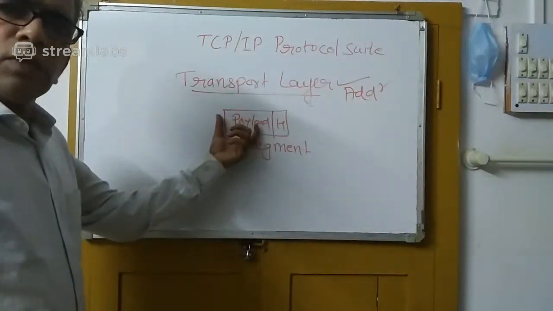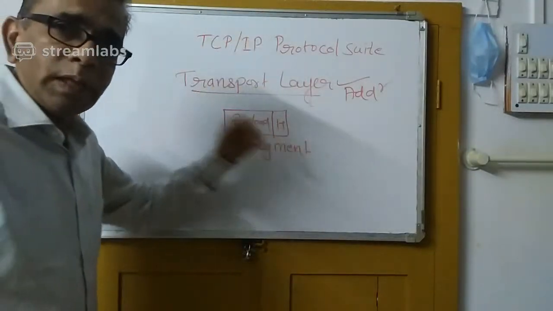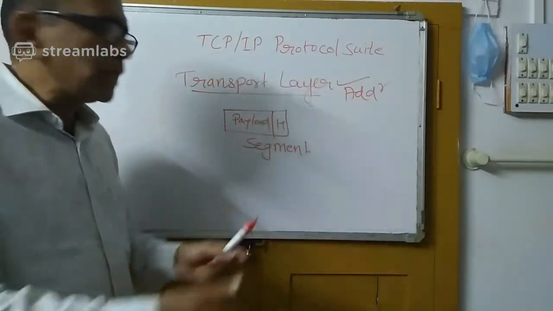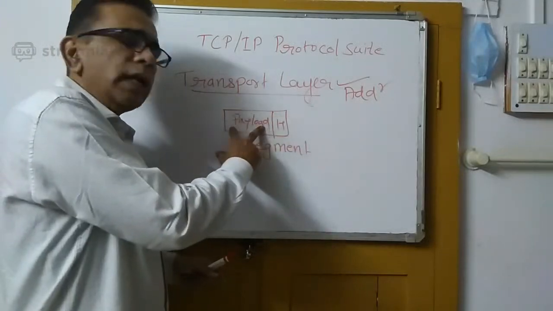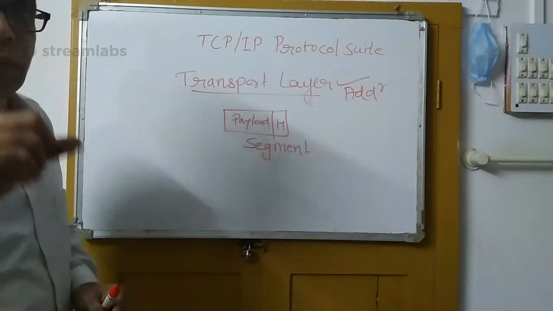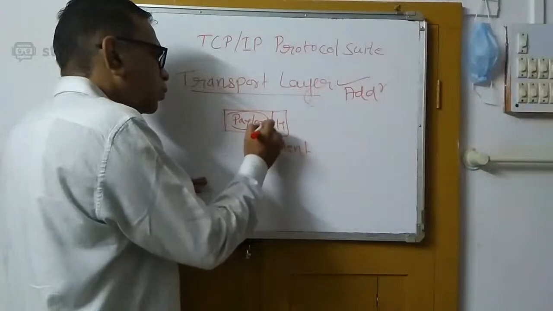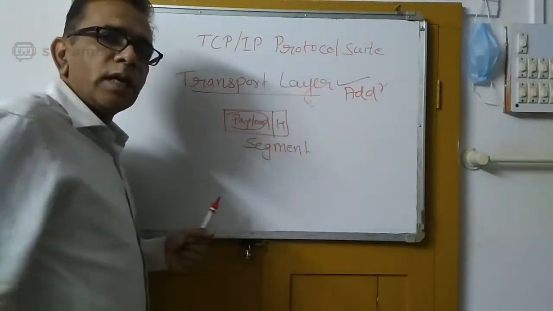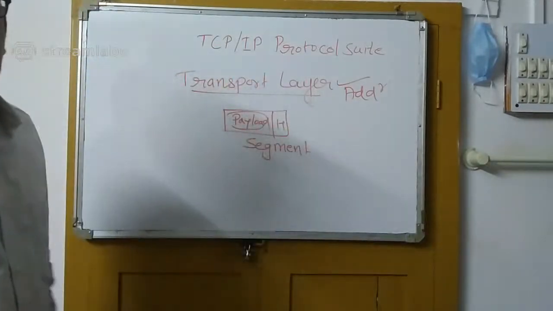The payload contains the information that comes from the higher layer, from the application layer. Whatever message is generated by the application layer is first handed over to the transport layer, which divides it into smaller units known as segments. These segments contain two things: one is the message part, the second is the header part, that is the control information added by the transport layer.